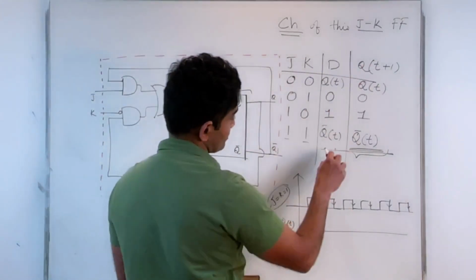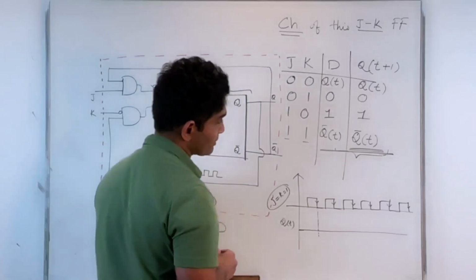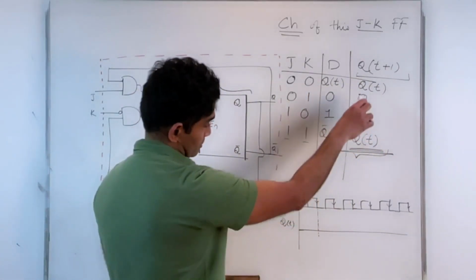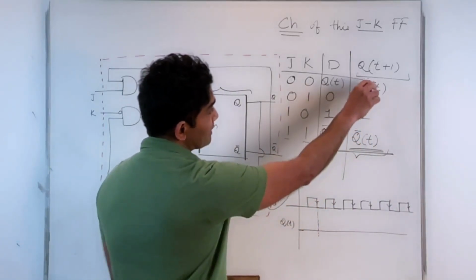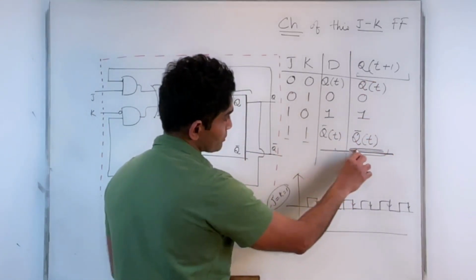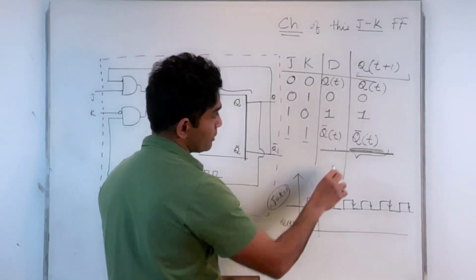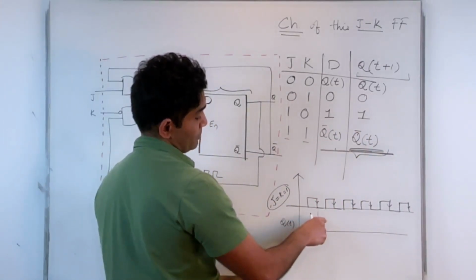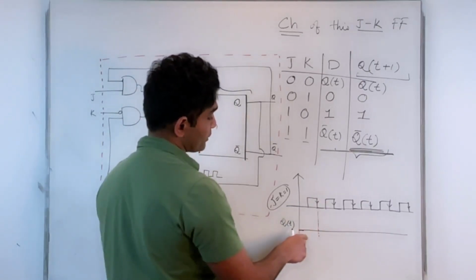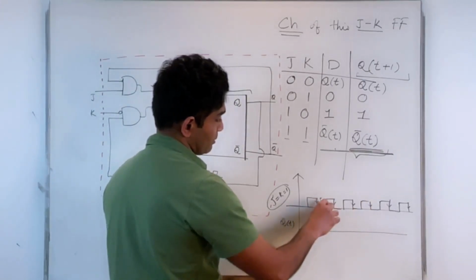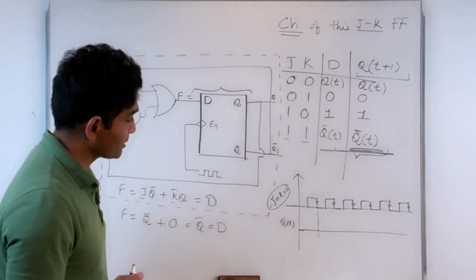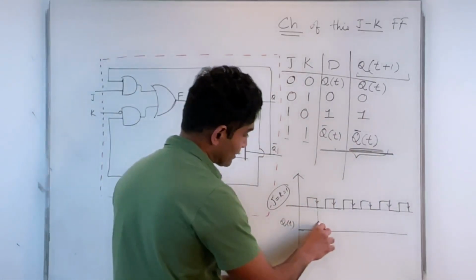According to the characteristic table, in the next triggering instance, whatever was there before, which was 0, gets complemented. So q prime of t: q of t was 0, and it becomes 1 on the next triggering instance, because I'm complementing it. So that's 1.